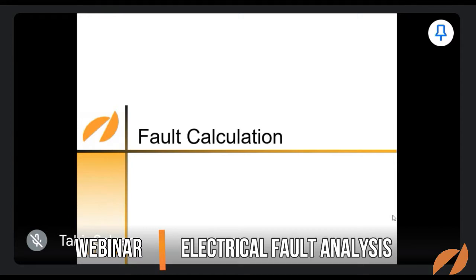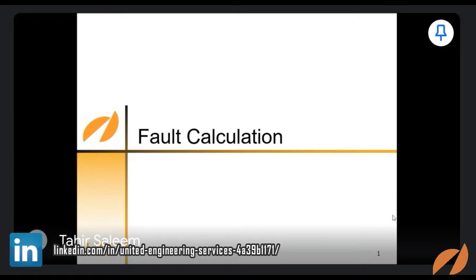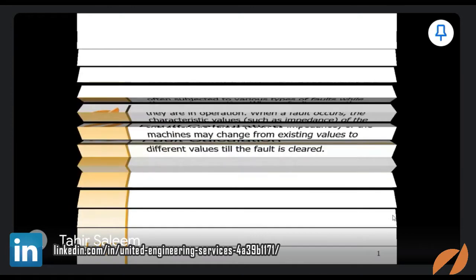In the end, we will do the fault calculation using the ETAP software, and now you will have the know-how about that. Manually it is a little difficult, but I will try my best to minimize the complex equations and give you some solution for that. There are many methods for that. So let's go forward and see what is there.